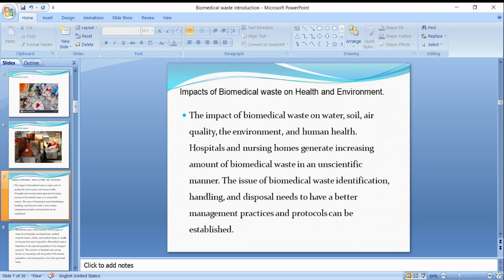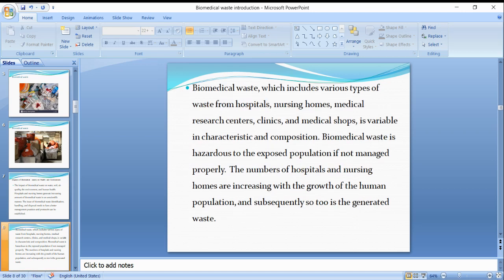Protocols can be established so that the work after sending the waste from the hospitals is easier. For that, they have to maintain protocols.